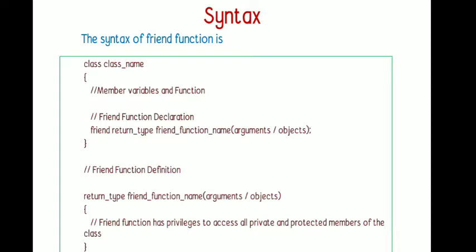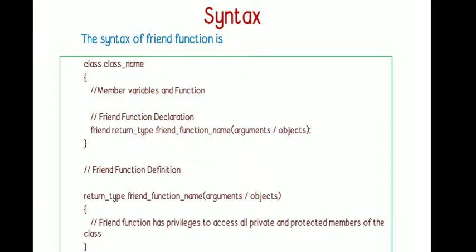So since it is a friend function, the keyword we have to specify is friend. After that, the return type of the function, the name of the friend function. Within this, the arguments required for the function. So the arguments are the objects. This is the declaration. Then this friend function is defined outside the class.